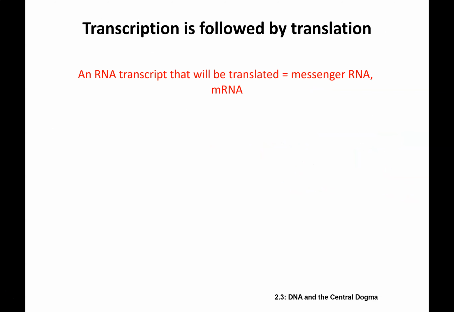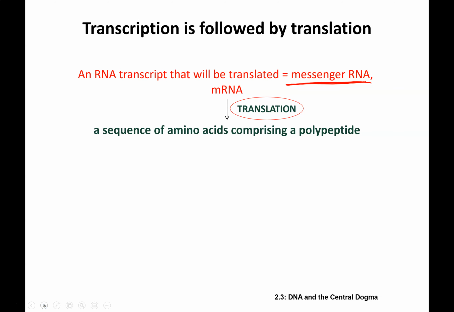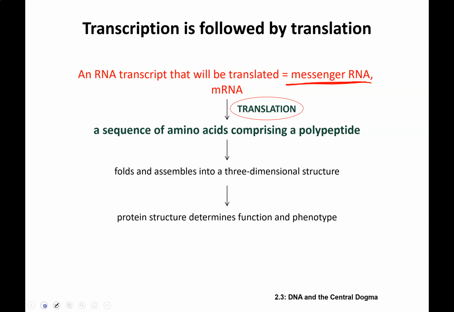Outlined another way, the RNA transcript that's going to be translated is called the messenger RNA. Again, messenger RNA because we're going to take the message that we need from the DNA and make some information from it. That process of translation is going to create an amino acid sequence, which is then going to be folded into a 3D structure, into a functional protein.